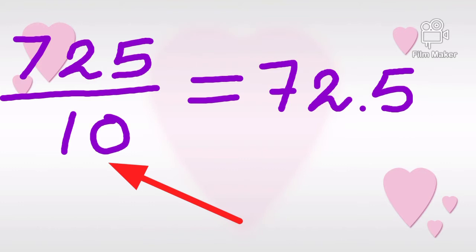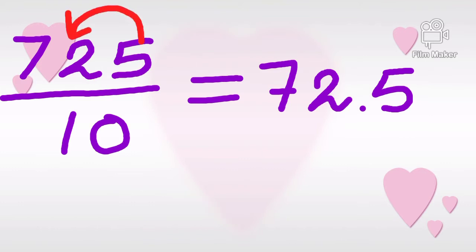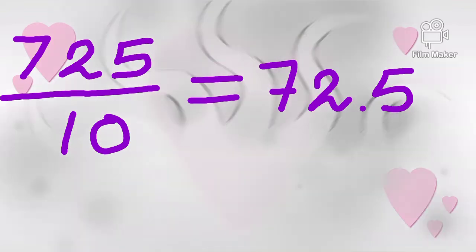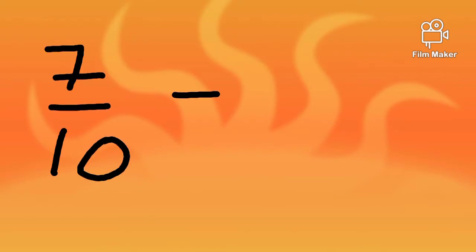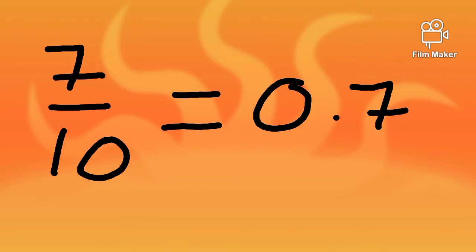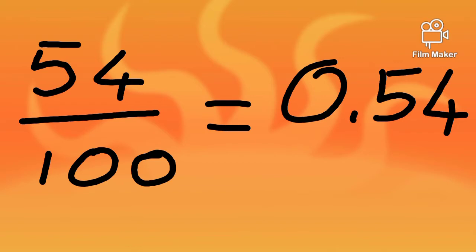So we'll count from the right side only one time and we'll give the point. Okay. If there are as many digits in the numerator as zeros in the denominator, place the decimal point before the number in the numerator and a 0 in the integers place.